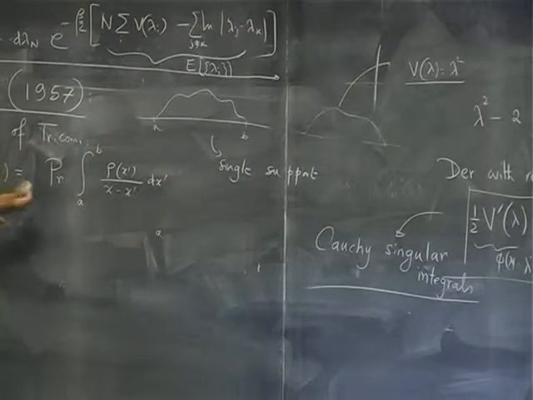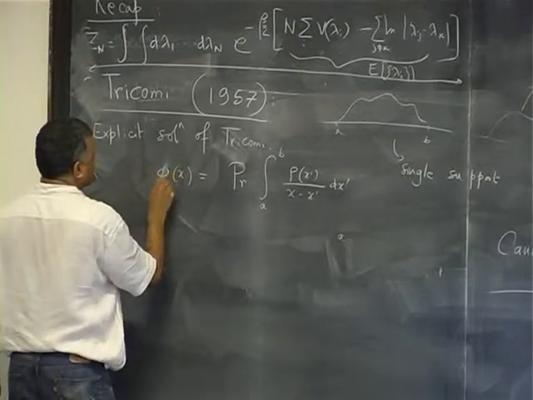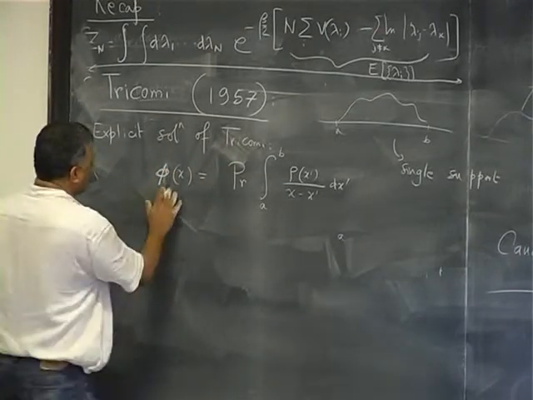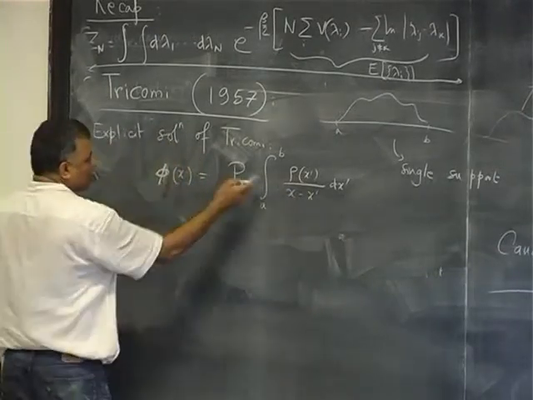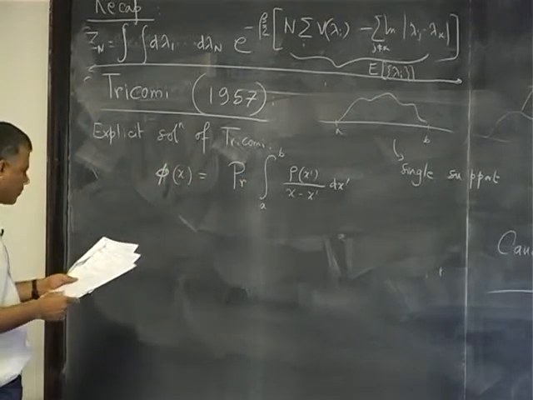So we assume a single support, and suppose this is what I was calling phi of x. So this is your electrostatic potential. Whatever be the function phi of x, what you want to do is to invert this equation and express rho in terms of phi, because phi is given to you.